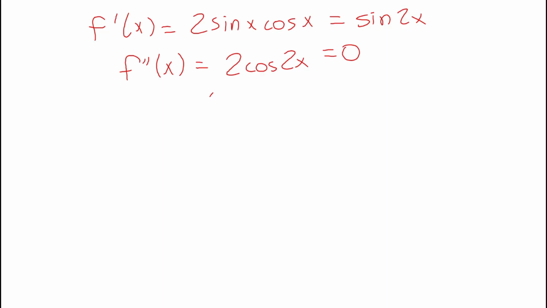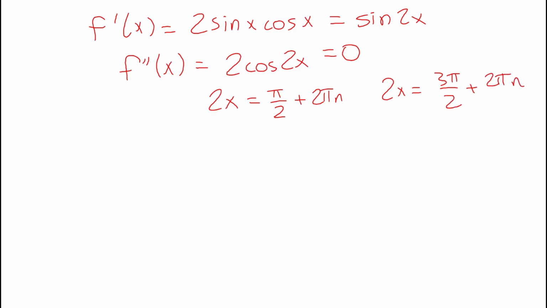Well, cosine is equal to 0 when the angle is equal to pi over 2 plus 2 pi n, as well as 3 pi over 2 plus 2 pi n, right, where n is any integer. And so we need to solve this, plugging in values of n until we get outside of the interval 0 to 2 pi.